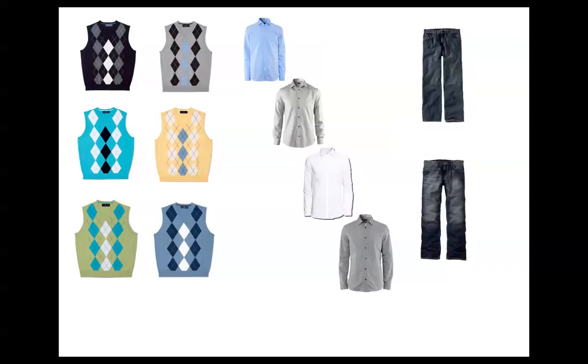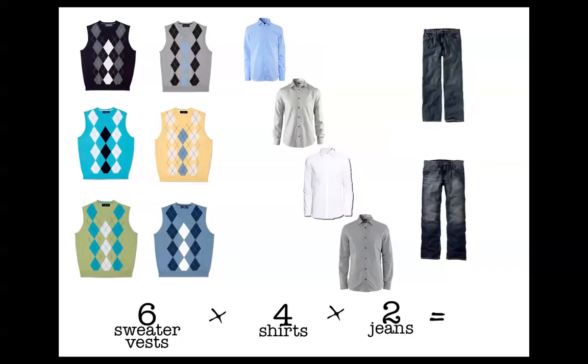I got to put some pants on too. So this morning I had 2 clean pairs of jeans to work with, and if I had 2 clean pairs of jeans with my 6 sweater vests and my 4 shirts, and I multiply all that together, I just doubled the amount of my outcomes. I just doubled my sample size, and I've got 48 possible outfits that I could wear this morning.